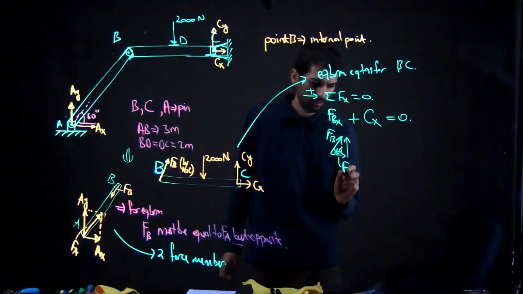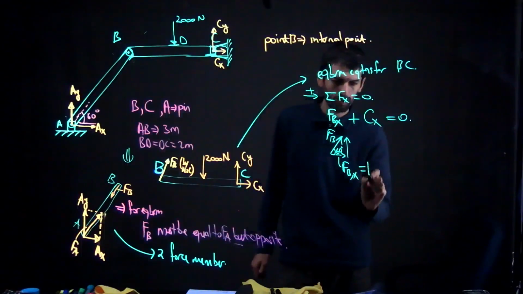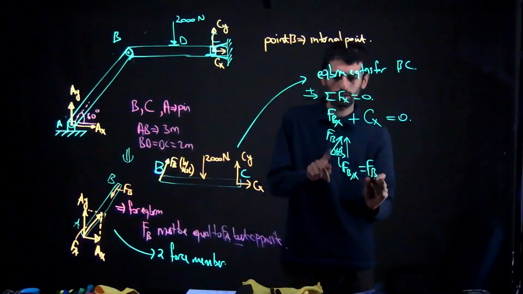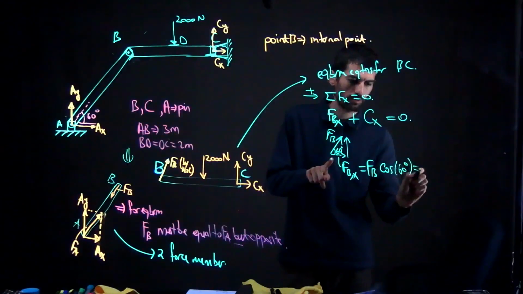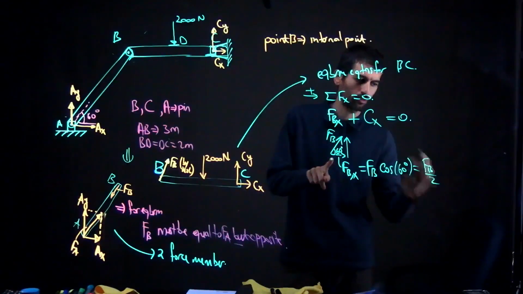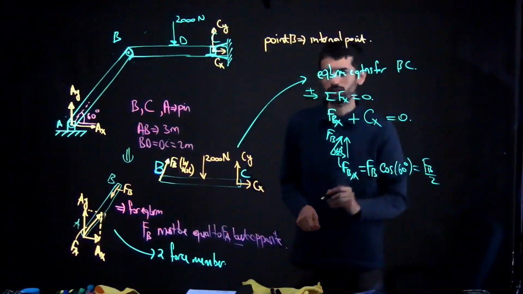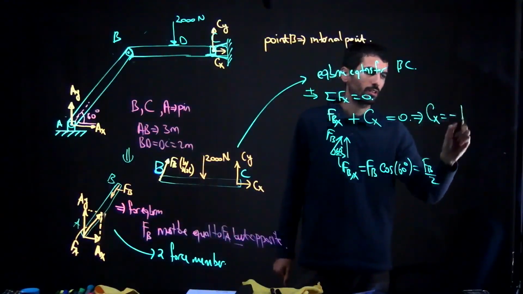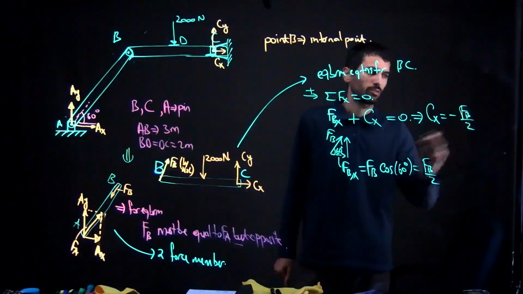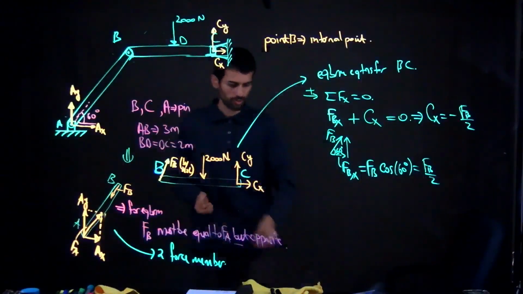That will be FB cosine 60. Cosine 60 is 1/2, that will be FB by 2. And then Cx is unknown. From here, what we get is that Cx is negative FB by 2. That's what we get from the first equilibrium equation.